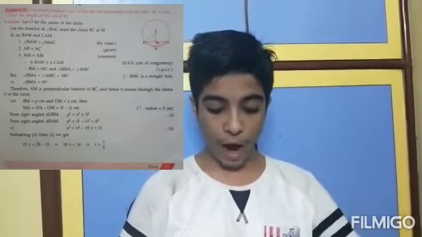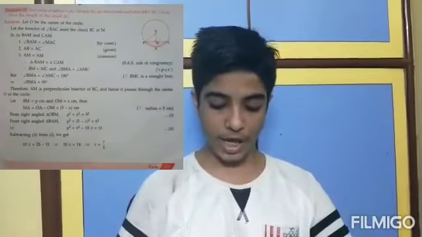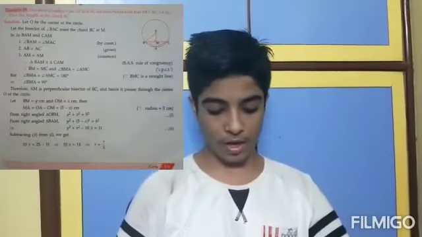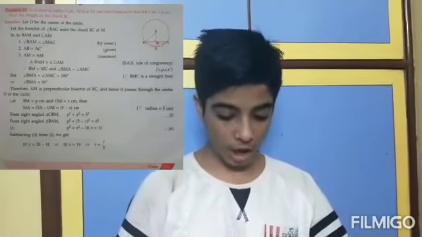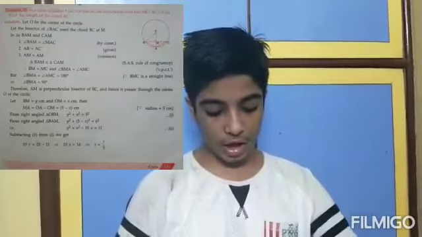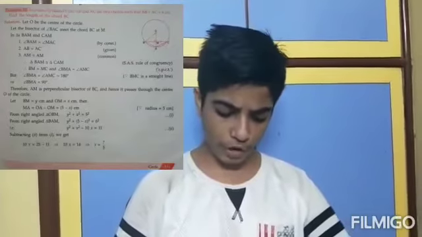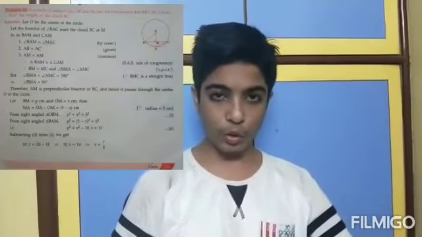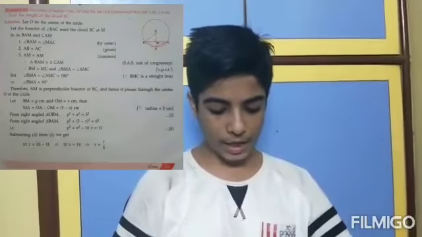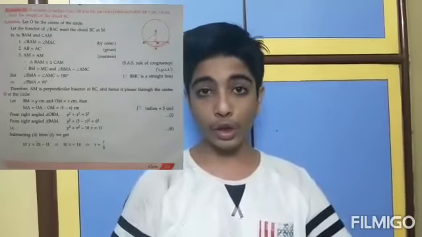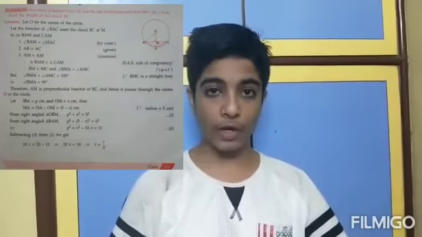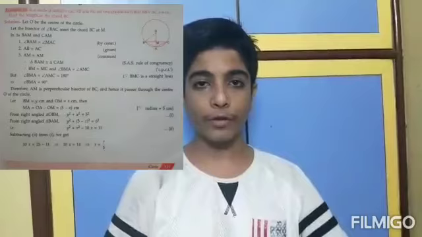So we finally conclude that y square plus x square minus 10x is equal to 11. We subtract the second equation from the first one, so 10x is equal to 25 minus 11. This will give x is equal to 7 upon 5.